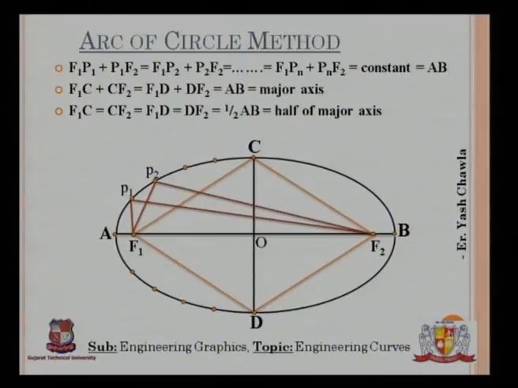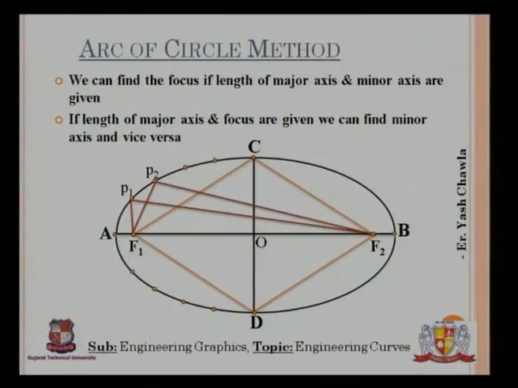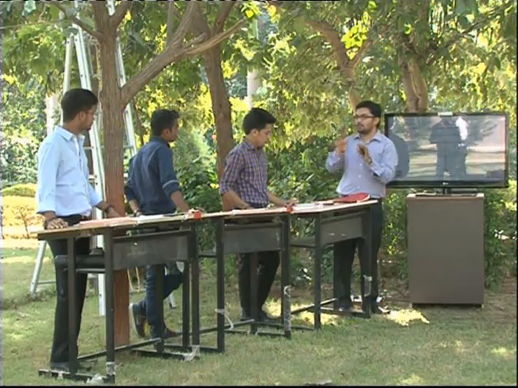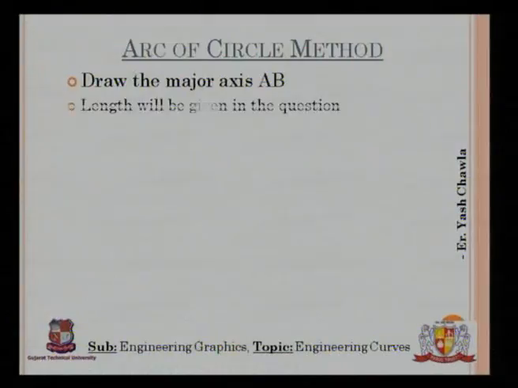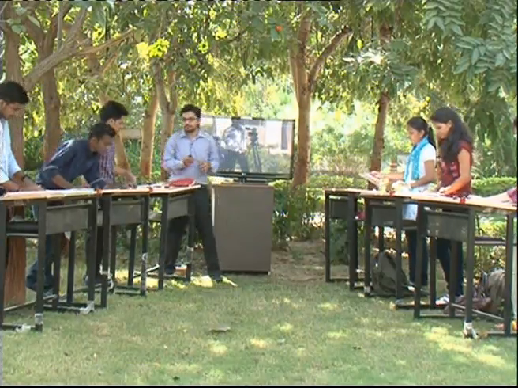Now for the arc of circle method, we can find the focus if the length of major and minor axis is given, and if the length of major axis and focus are given, we can find the minor axis and vice versa. So any of these data have to be given, one data can be missing, so we can calculate the missing data. Okay.